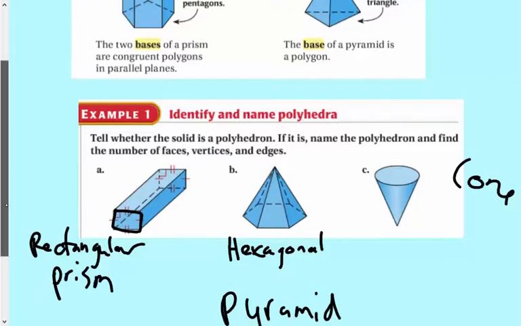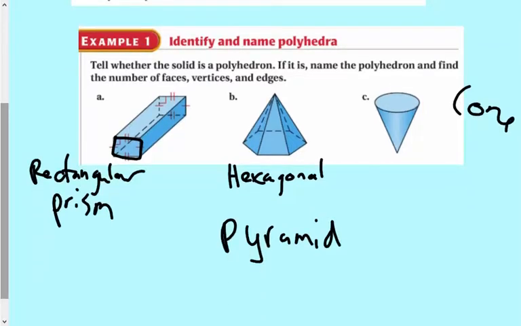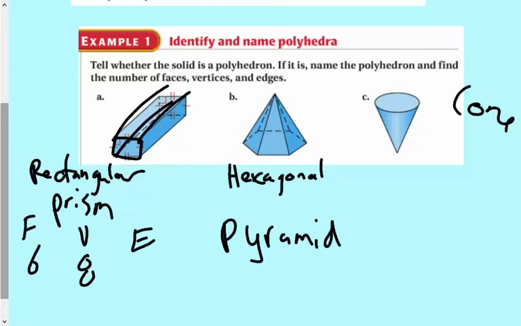Okay, faces. Let's start with the prism here. I'm seeing 1, 2, and then 4, so that's 6 faces. Vertices, I'm seeing 4 plus 4, that's 8. And edges, I'm seeing 1, 2, 3, 4, 5, 6, 7, 8, 9, 10, 11, 12. I'm seeing 12 edges.